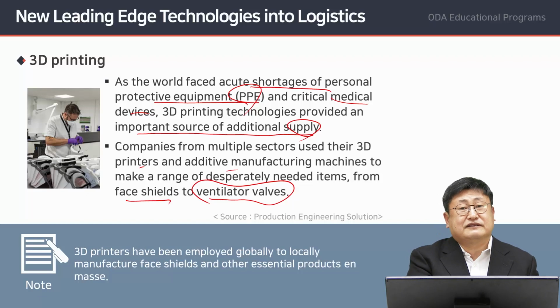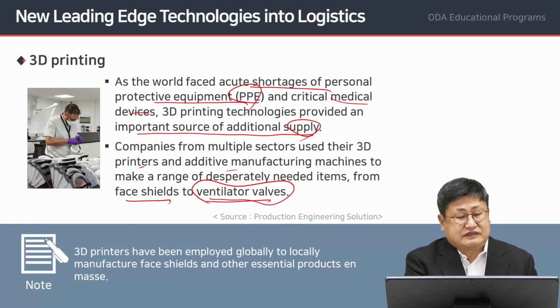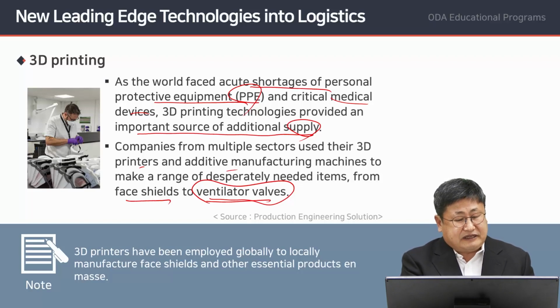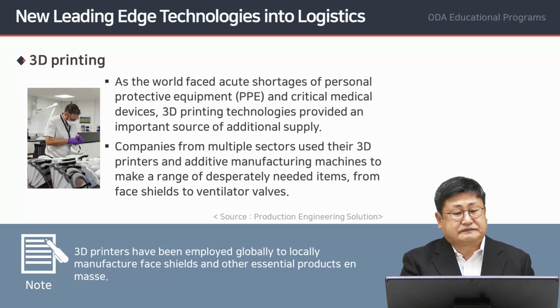They are manufactured by 3D printing. This is a ventilator valve and a face shield, made by 3D printing. And 3D printers have been employed globally to locally manufacture face shields and other essential products in mass. So this is the story of a new technology on the logistics side.